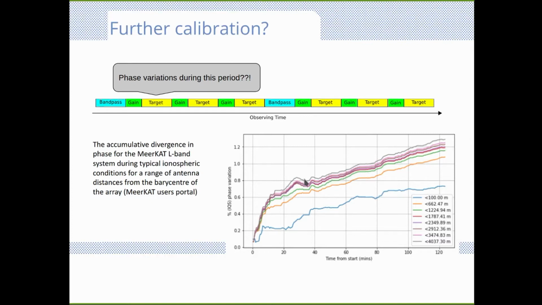And this is, as I said, phase variation. It's not amplitude variation, it's phase variation. So there is definitely an ionospheric component coming into play, because that will be the primary driver of phase in the system, and probably also some systematic residual issues.